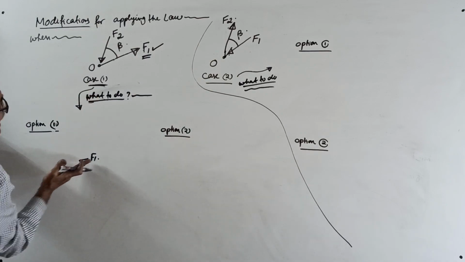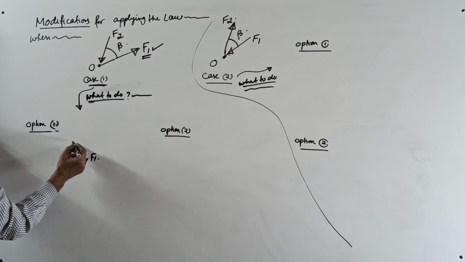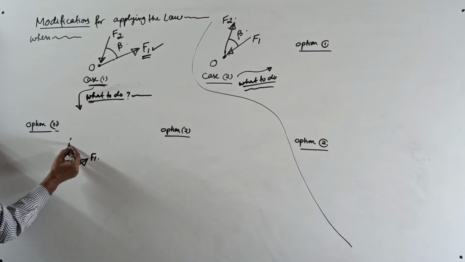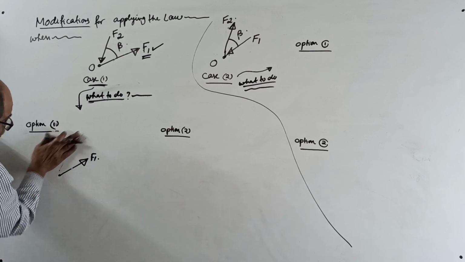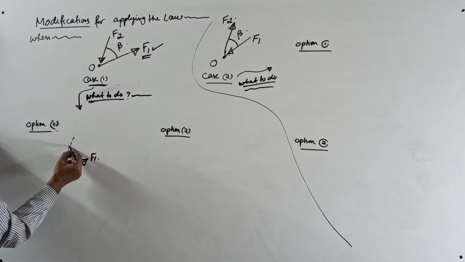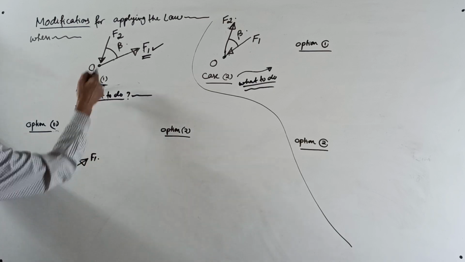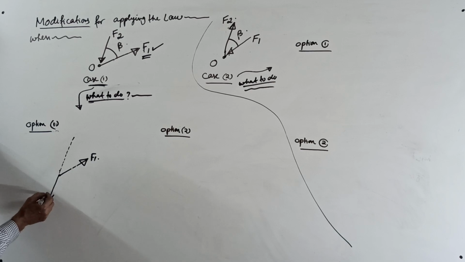Since I took F1 acting away, F2 should be acting away only. So your original F2 is here. See, this is your F2. How they have given F2? See, you should write it. F2 is given like this. See here, this way. What you do is, you extend it this way. F2.